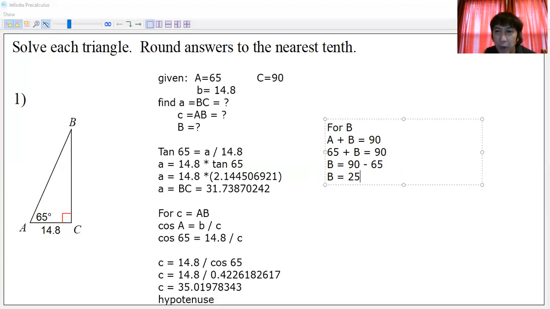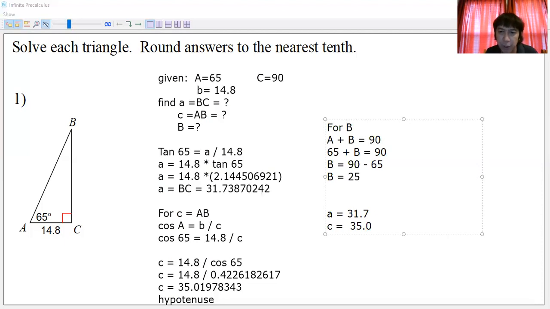Now we're supposed to round our answers. Let's check on our answers. Our side A is supposed to be like 31.7, rounded. Our side C, the hypotenuse, is 35.0.